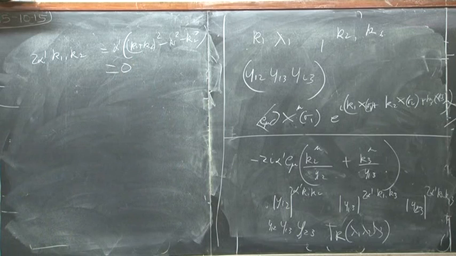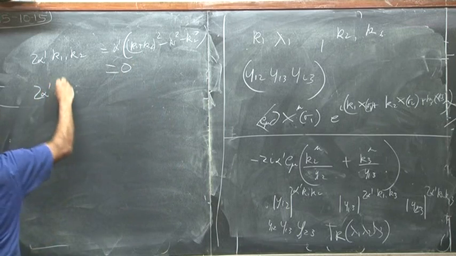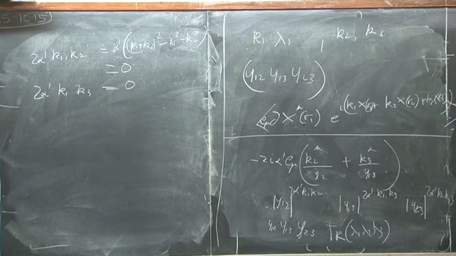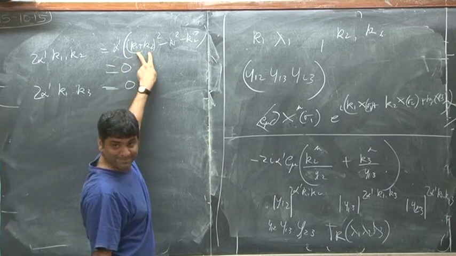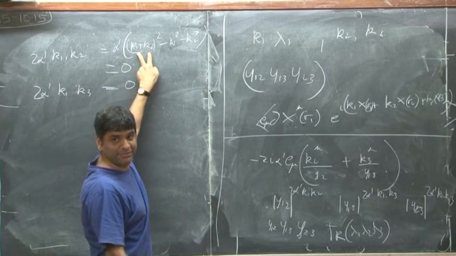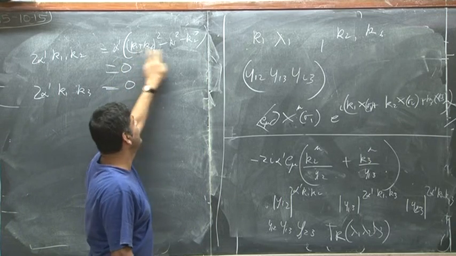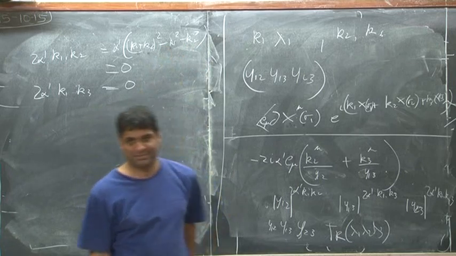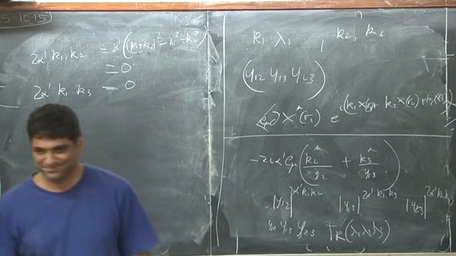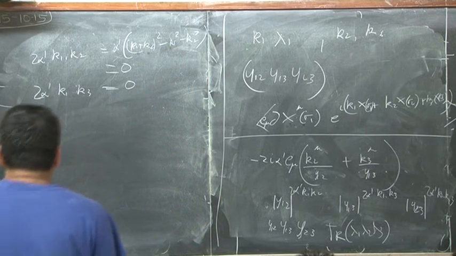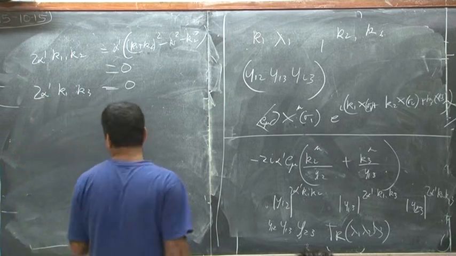Similarly, 2 alpha prime K1 dot K3 is equal to 0. So can you repeat the answer? Yeah. So this is K3 squared. K3 squared comes from the mass shell, is fixed by the mass shell of the tachyon, which is the same as K2 squared. This is fixed by the mass shell of the gauge boson, but K1 squared was 0. So 2 alpha prime K1 dot K3 is also 0.